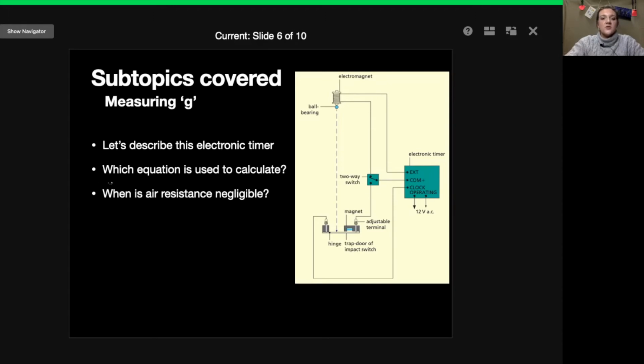Next, which equation is used to calculate g for a falling object? The equation that we will use to calculate this falling phenomenon will be motion equation number 3. The reason for this is that v initial will be 0 because it's a falling object, so it's falling from rest.